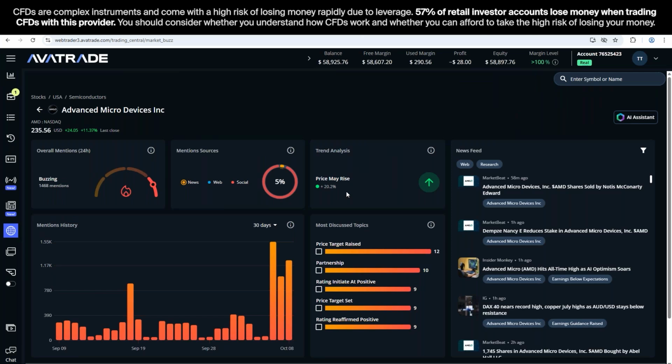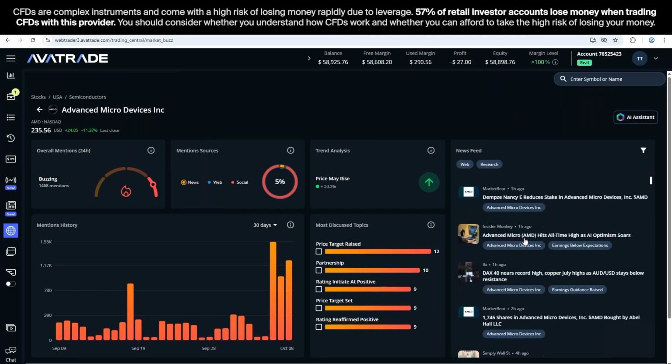And so what we can do is start to read this column, the news feed, which is dedicated to this stock, to try and find information that's related to it. Okay, here: Advanced Micro Devices hits all-time high as AI optimism soars. So they're a key player in AI. All right.